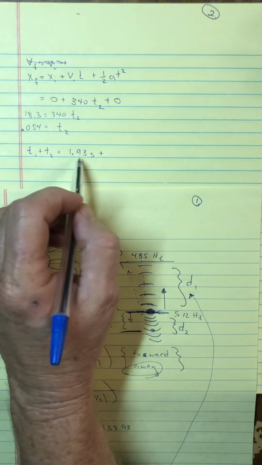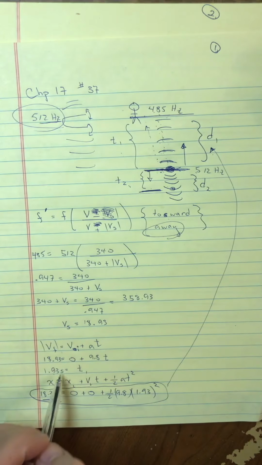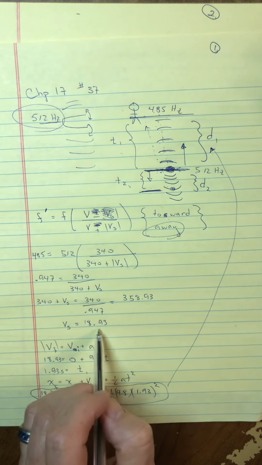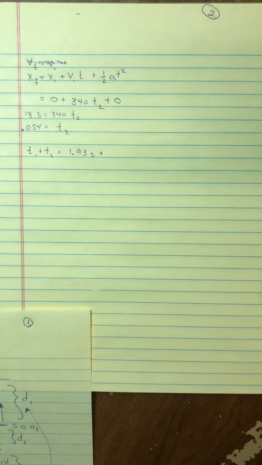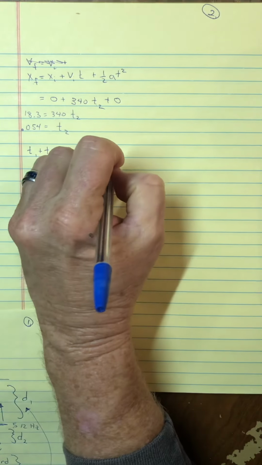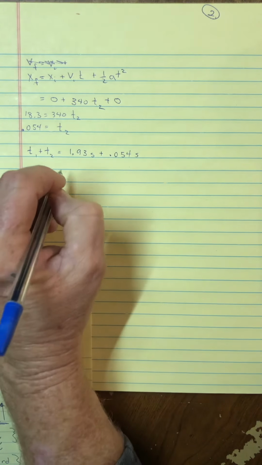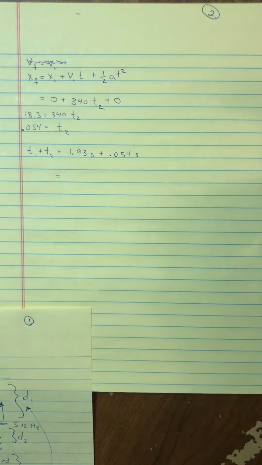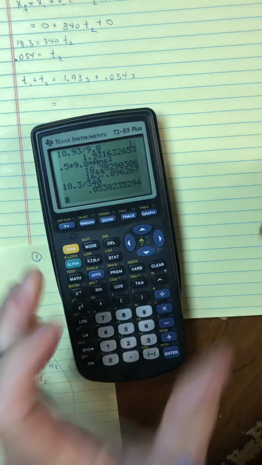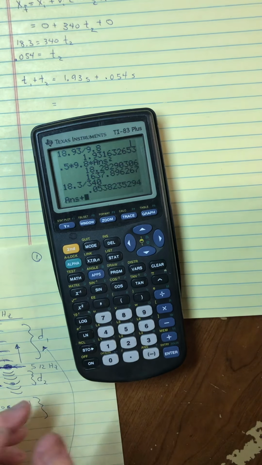So that was 1.93, which gave us that speed of 18.93. And then, of course, now we're discovering that it's not much, but there's an additional amount of time needed, and it's still in my calculator, for the sound waves to go up.